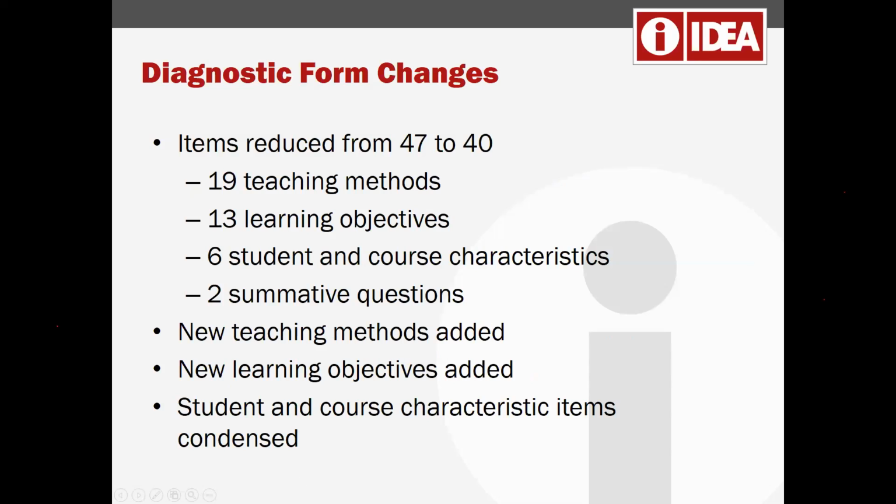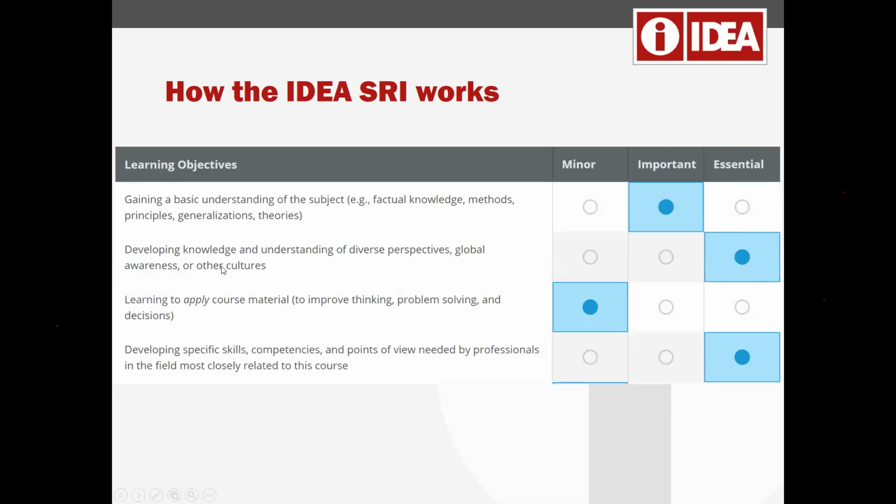Yeah, and so I'm going to back up for just one second because we had a question come in that relates to the learning objectives themselves. So the question that was asked from David is, are students asked to rate progress on all 13 objectives as they did on the bubble sheets, or only the ones that the instructor chooses? It's a great question. So that's exactly the same as it used to be.